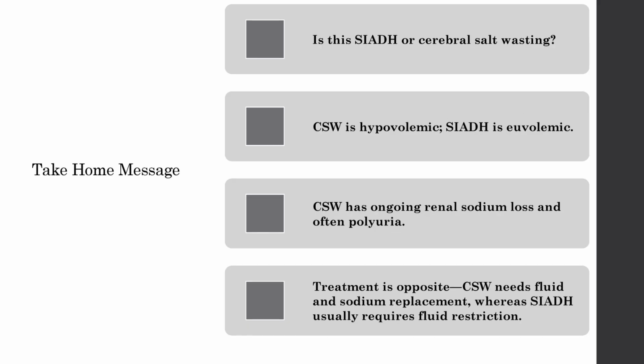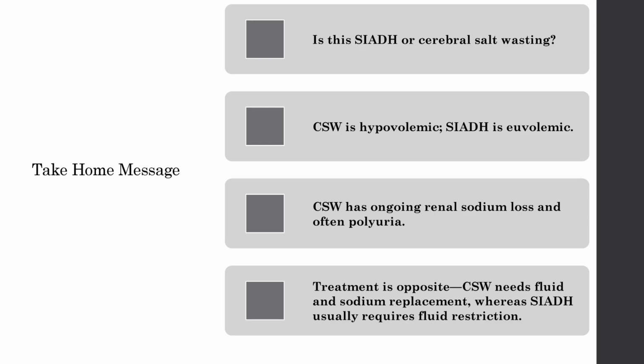Let's summarize. Whenever you see hyponatremia in a patient with acute brain injury, always ask, is this SIADH or cerebral salt wasting? Remember these 3 points. CSW is hypovolemic. SIADH is euvolemic.